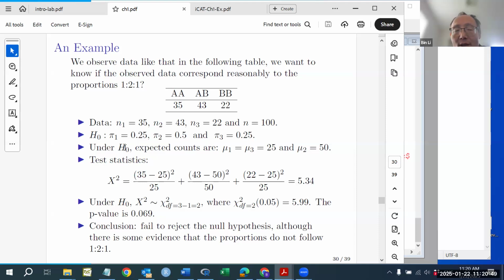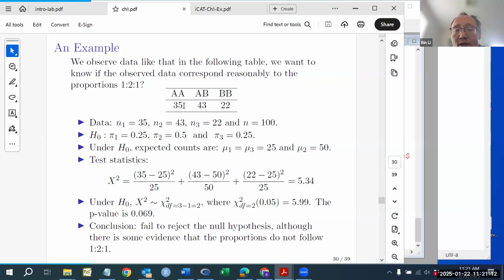Because the total n is 100, the expected counts for AA and BB are 25, and AB is 50.